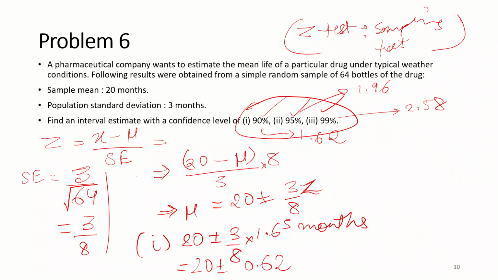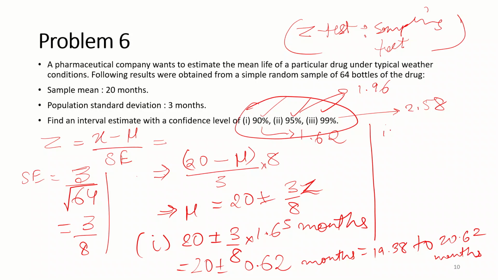Let's put it as 0.62. So the interval will be 20.62 months and 19.38 months.